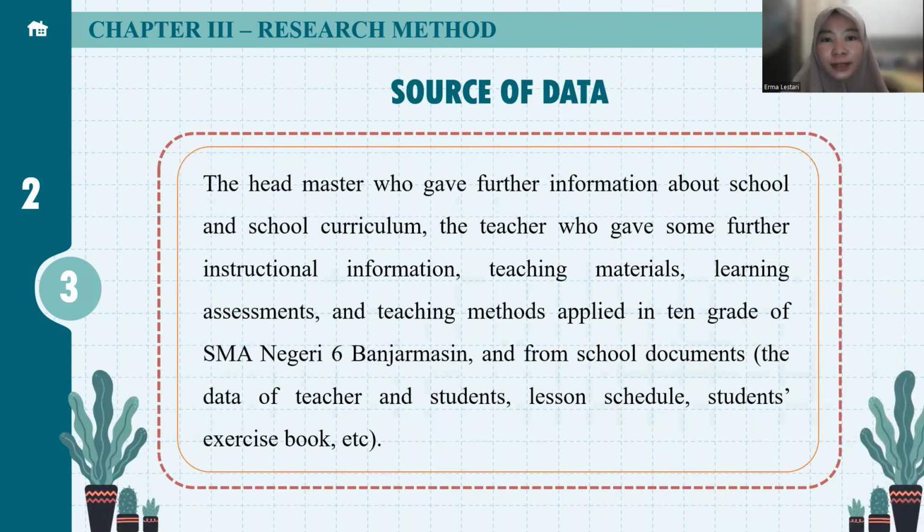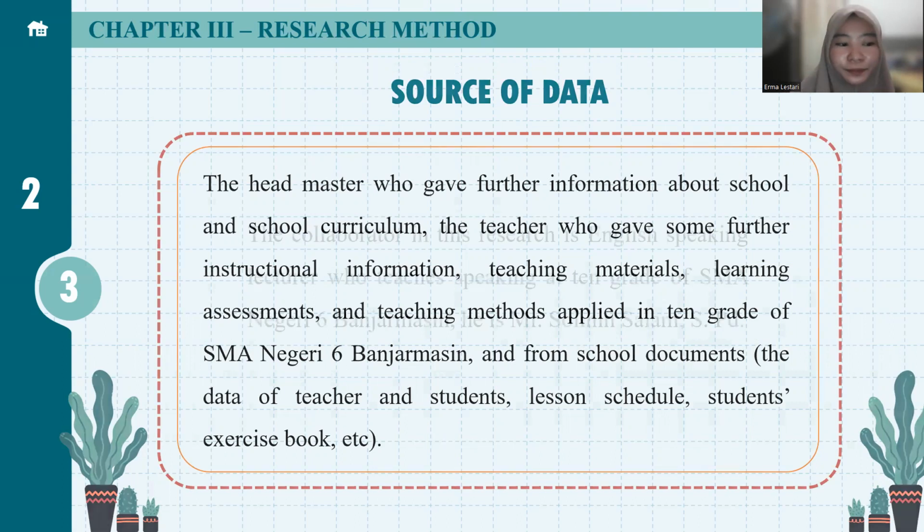And then for the source of the data, the researcher gets the data from the headmaster to get further information about the school and the school curriculum, and then from the teacher, who gave some further instructional information, such as teaching material, learning assessment, and teaching method applied in the 10th grade of SMA Negeri 6 Banjarmasin. And then the data also come from school documents, such as the data of the teachers and the students, lesson schedule, and student exercise books.